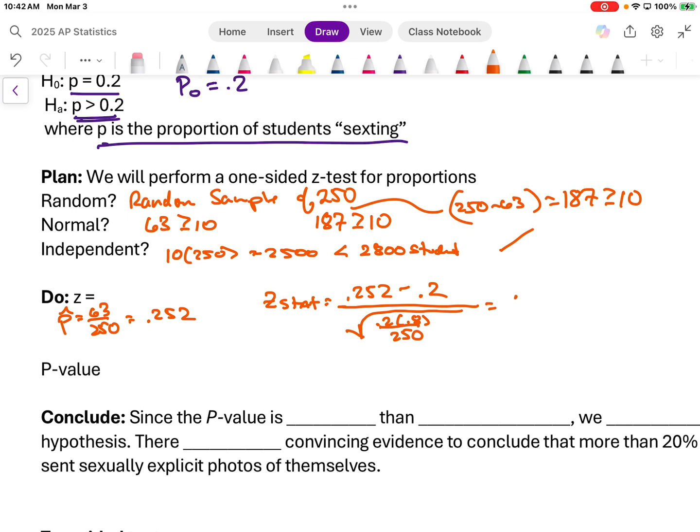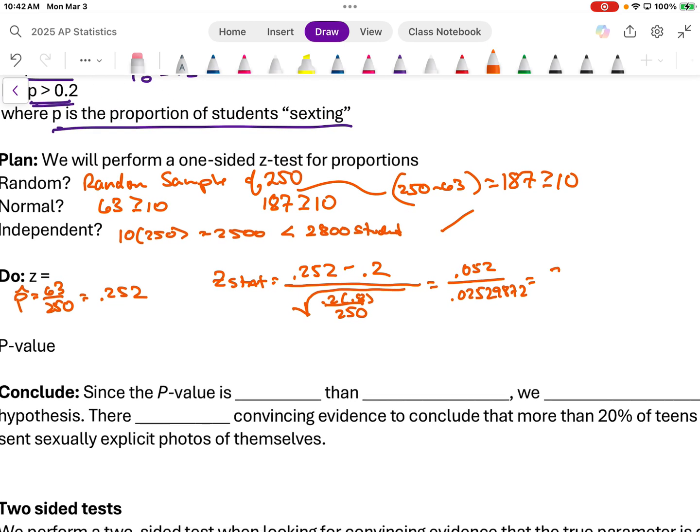So on top, it's 0.052 divided by the bottom, which is 0.0252. Now again, I went ahead and worked that out in advance. What is my z-stat? It is 2.05548.